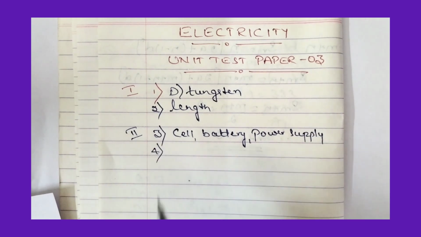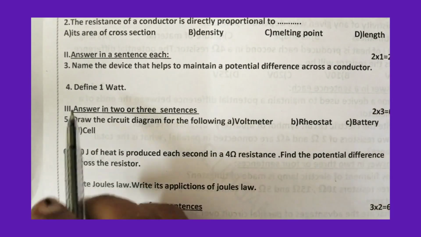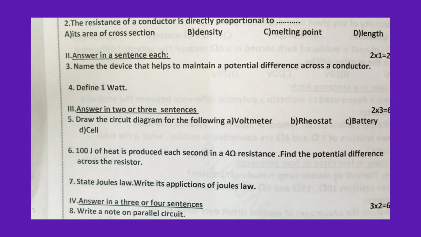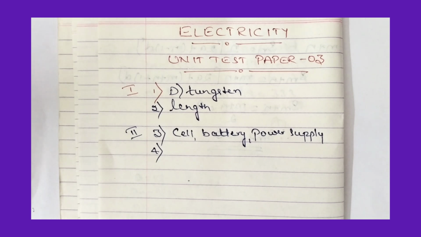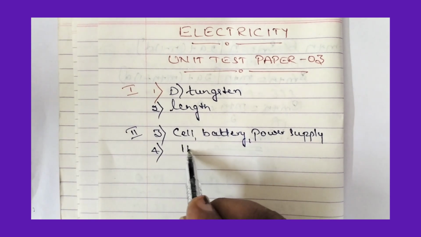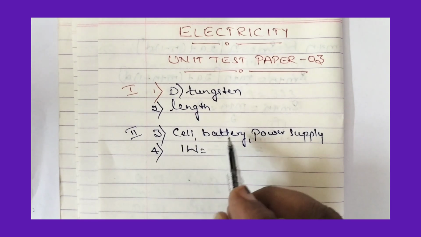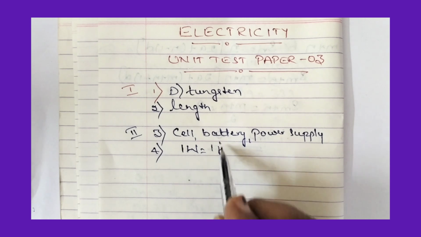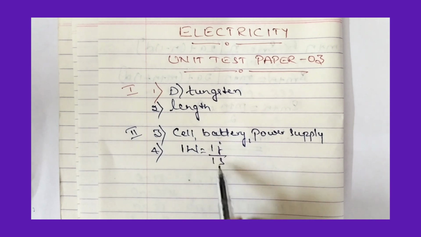Now let us move to question number 4. In question number 4 they have given: define 1 watt. So how to define 1 watt? 1 watt is equal to 1 joule per 1 second.